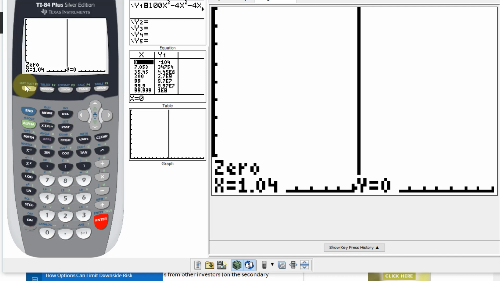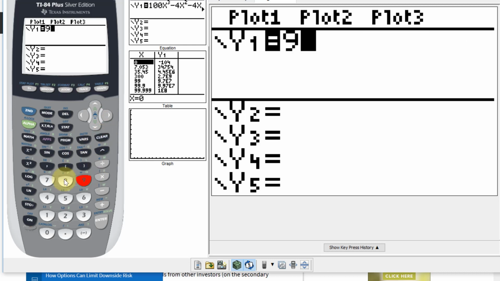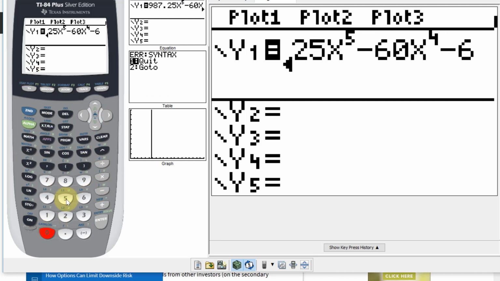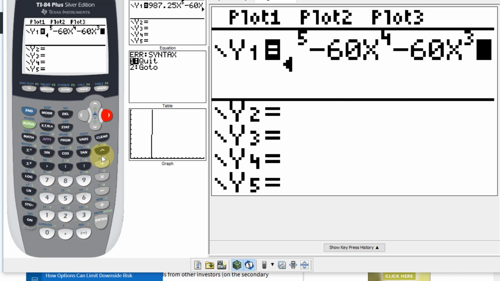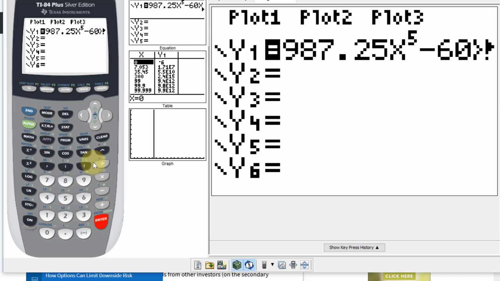On the calculator, I need to type in a degree 5 polynomial. And I'm looking for a solution that I expect to be close to 1, so that the yield to maturity is some percentage between 0 and 100%, and therefore the solution for x should be somewhere between 0 and 2.